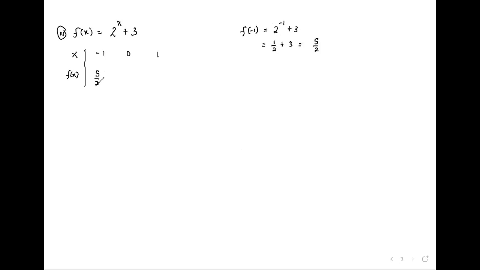And then, where there's x, we put a 0. So we have 2 to the power 0 plus 3, which is 1 plus 3, which is 4. So we have a 4 here. And then you put a 1. So we have 2 to the power 1 plus 3, which is 5. And then you put the graph.